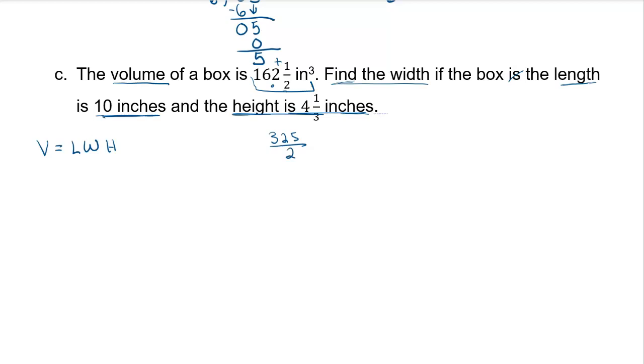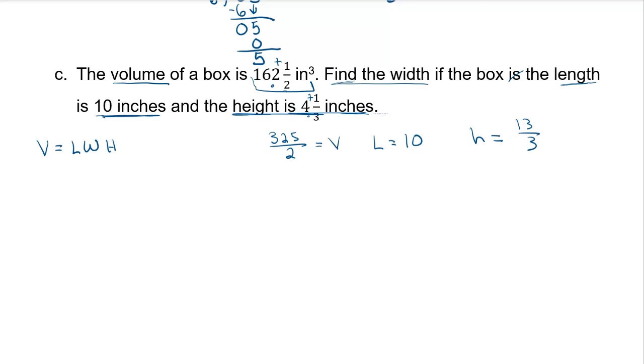That is my volume. If the length of the box is 10 inches, so that one is in a format that I can already use, equals 10, and height equals, let's see, so 3 times 4 is 12, plus 1 is 13, so I get 13 over 3. Now I look at my formula.